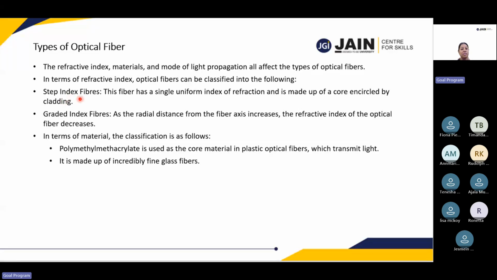Step index fiber means a fiber has a single uniform index of refraction and is made up of a core encircled by cladding. Anyhow, we will discuss the cladding in the later slides.